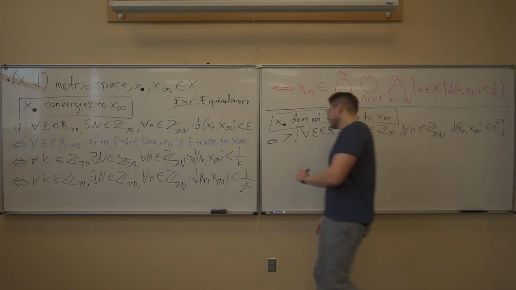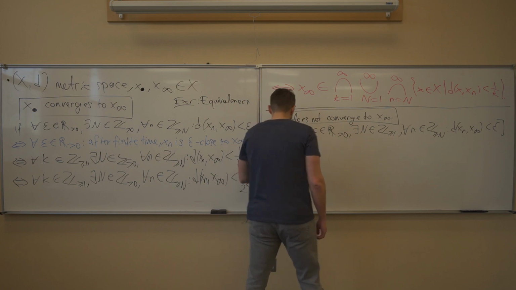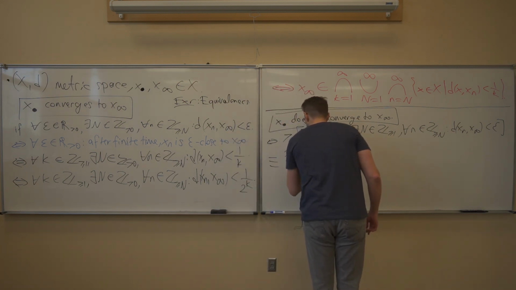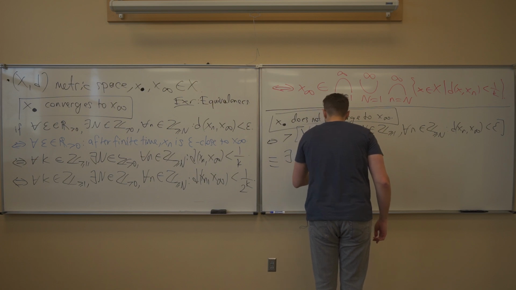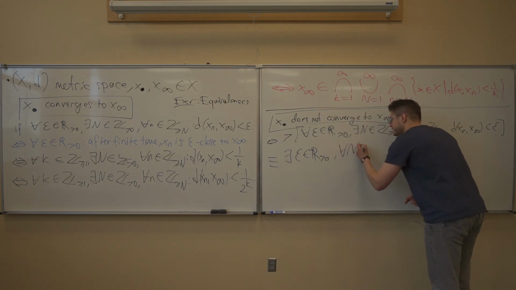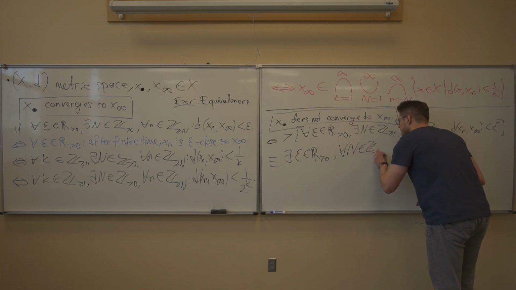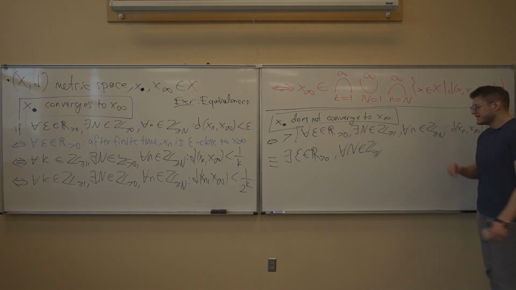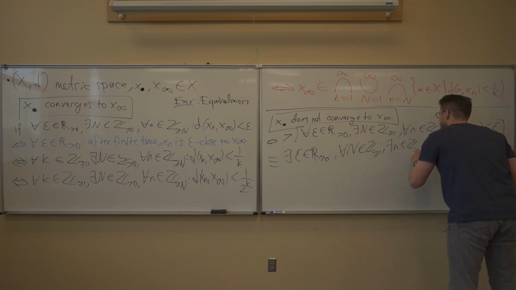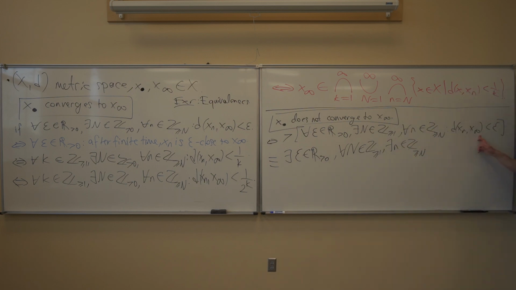In other words, this turns into the following. There is an epsilon such that for any capital N, there is an n after capital N such that the negation of this. What is the negation of the distance between x n and x infinity being bounded by epsilon?